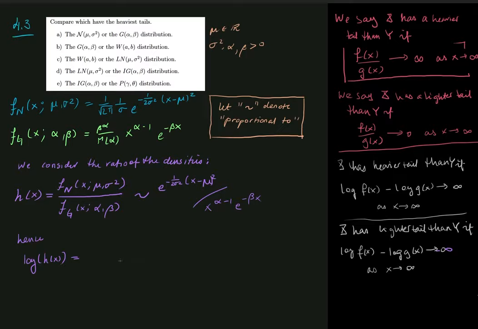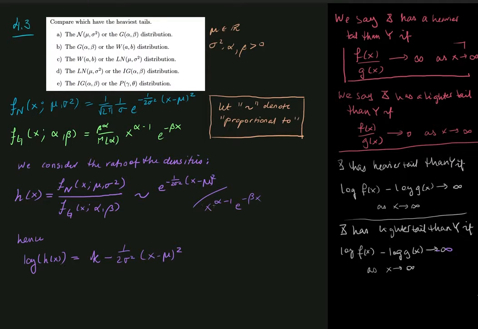So let's do this. I have log of h of x is equal to the logarithm of this, and remember that there was actually a constant that I removed, so to take that into account, I just write a constant k here and add it on. So log of h of x is equal to some constant k plus the logarithm of this, which is minus 1 over 2 sigma squared multiplied by x minus mu squared.